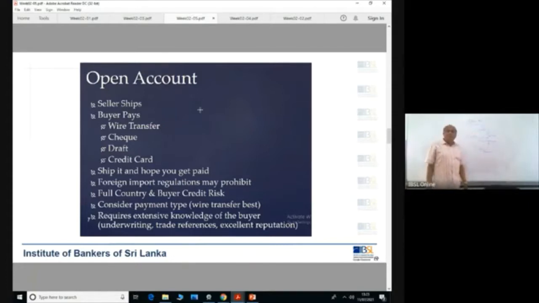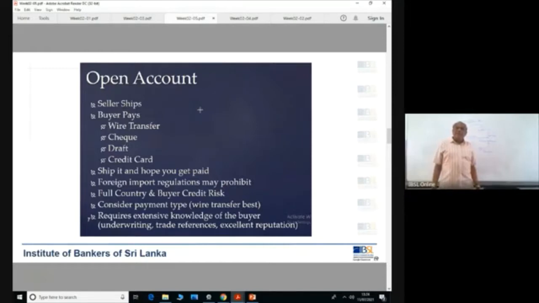And sometimes the foreign import regulations may prohibit these payments. These things happen. Then there are country and buyer credit risks. Country risk. Then buyer's credit risk. If the buyer doesn't have money, he can't do the payment. If the country imposes certain restrictions, like what our government is doing now, you can't do the payment.